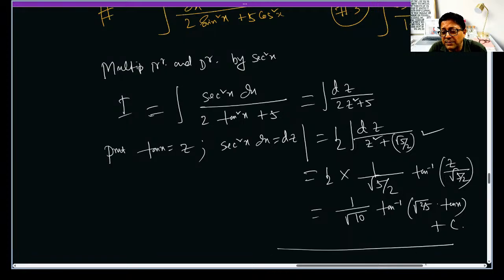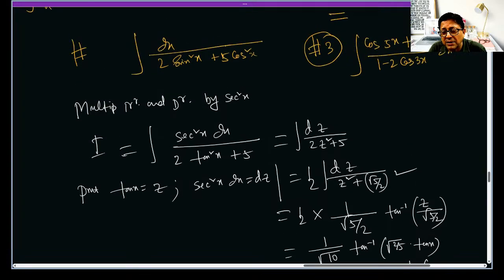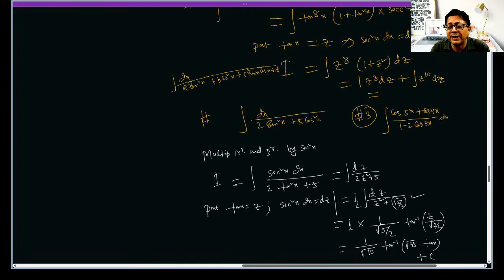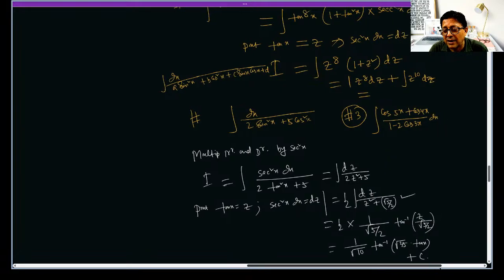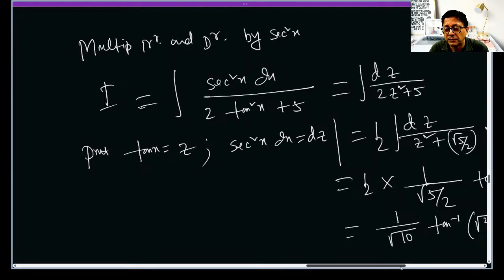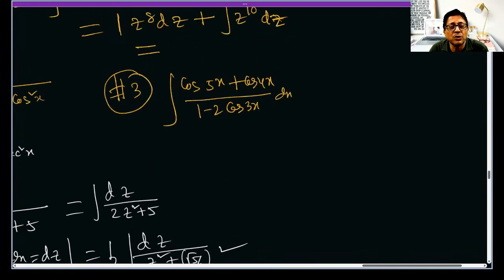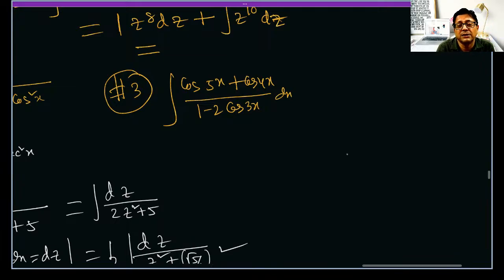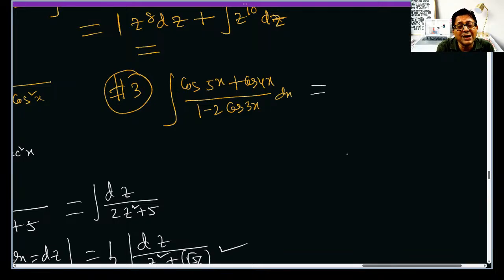This is a brilliant sum. Next one: cos 5x plus cos 4x by 2 minus cos 3x, this sum. You need to make a substitution over there, but before that you make one sine or one cosine in the denominator.